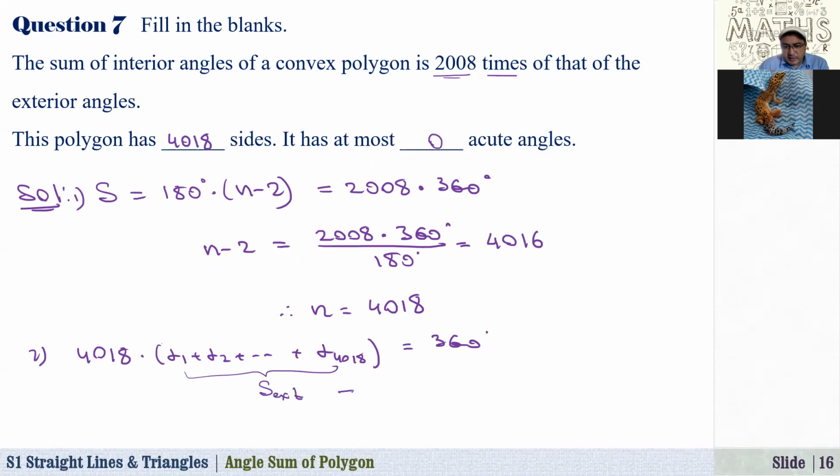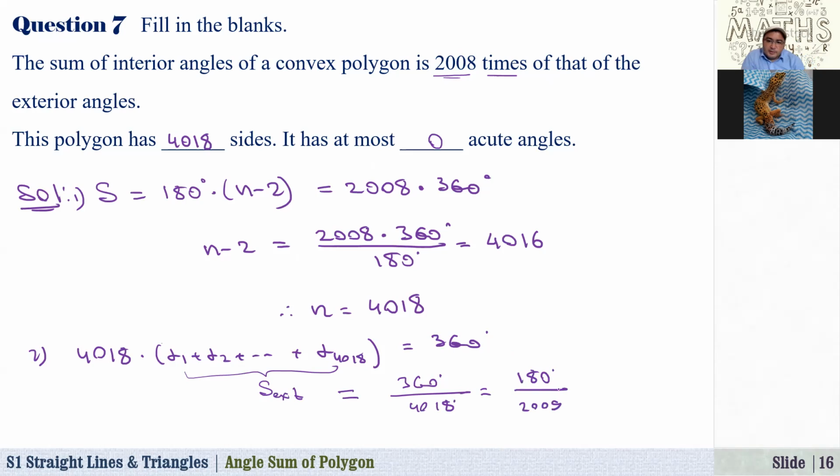S exterior is equal to 360 divided by 4018, that's equal to 180 over 2009.